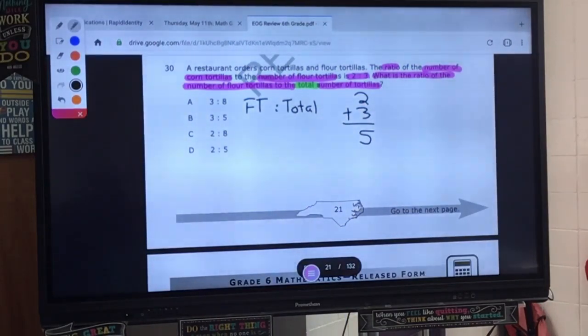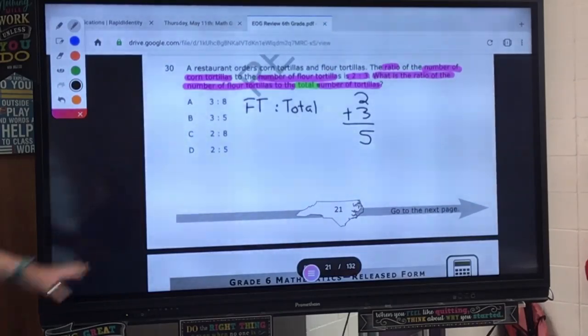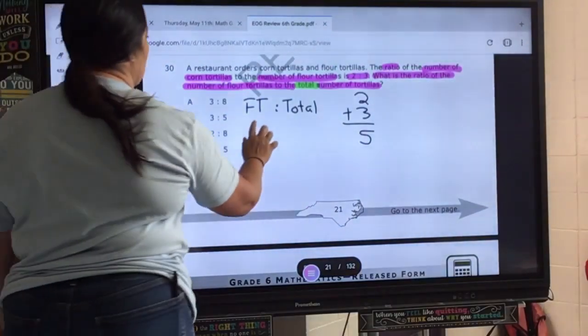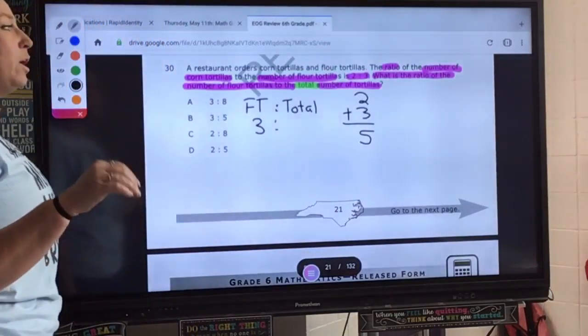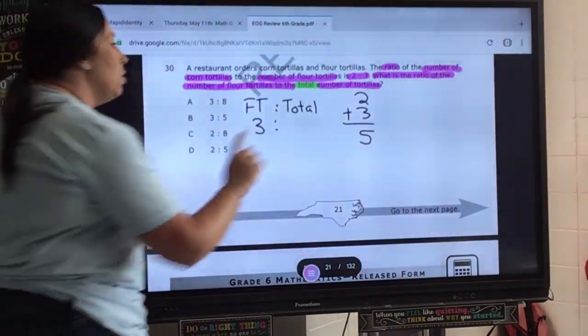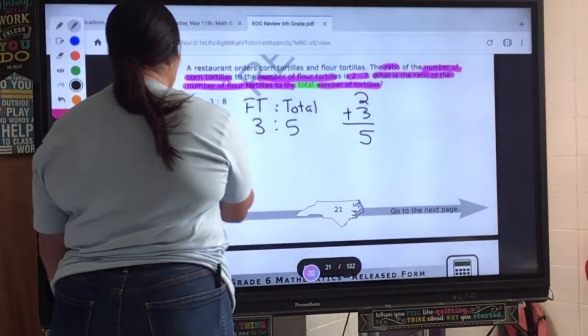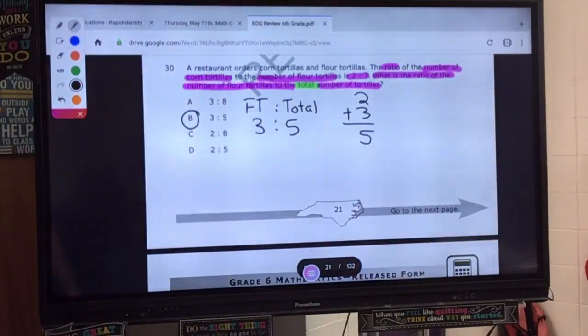Because that's what the ratio of the corn tortillas and the flour tortillas are. Right, so that's the total number of the flour tortillas and the corn tortillas. So the question itself is asking us what is the ratio of flour tortillas, which we know is 3, to the total number of tortillas altogether, which we have found is 5. So our answer to this one is B.